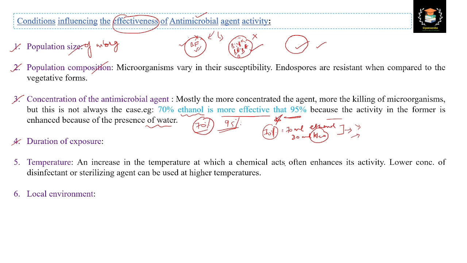So if you are using around 50% concentration of your agent at 40 degrees, you can use around 35% of your agent at 50 degrees Celsius. I'm just saying this to show you that if you increase the temperature, you can decrease the concentration of the antimicrobial agent. Also the local environment, if you are using it along with some other chemical or in some water, will influence the effectiveness of your antimicrobial agent.